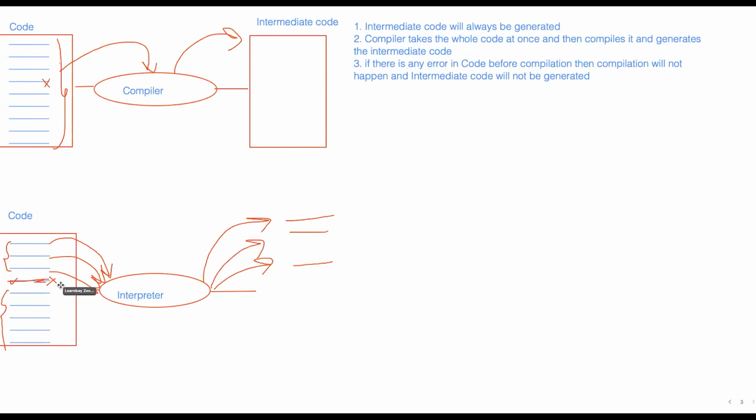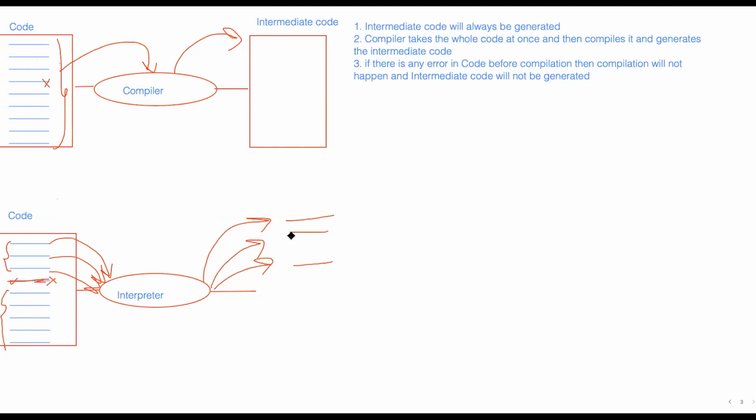Right. What we have seen is that the compiler always generates the intermediate code, whereas in the case of an interpreter, it never generates the intermediate code. Point number 1. Point number 2, the compiler takes the whole code at once and generates the intermediate code for the whole code at once, whereas the interpreter takes one line of code or one instruction at a time and executes it.